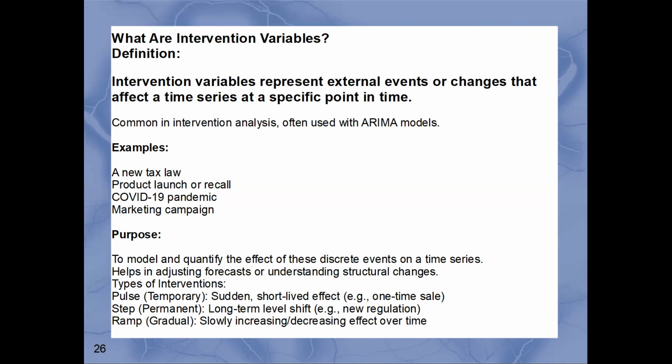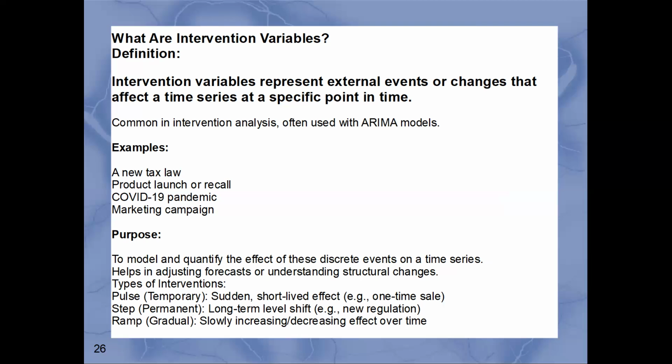So the purpose of these is to model and quantify the effect of these discrete events on a time series, and it'll help adjust your forecast or understand structural changes. The types of interventions are a pulse. This is temporary, for sudden, short-lived effects, like maybe a one-time sale.